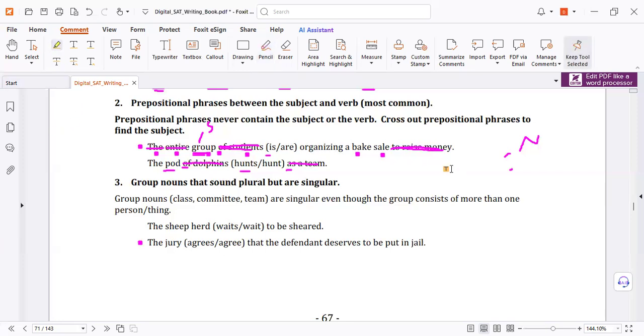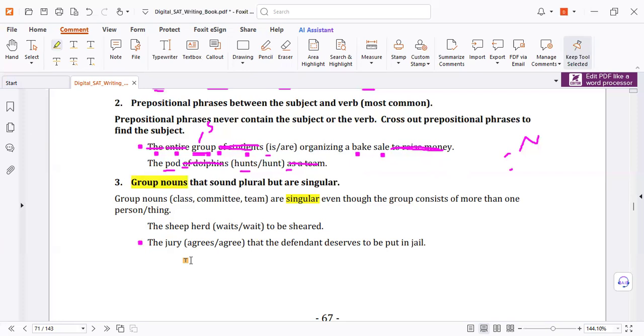For the first, wait, I do the jury one. This is a trap. It's a collective noun. It could be singular or plural, but most common in your test is singular. But we should follow the rules. The jury agrees that the defendant deserves to be put to jail.